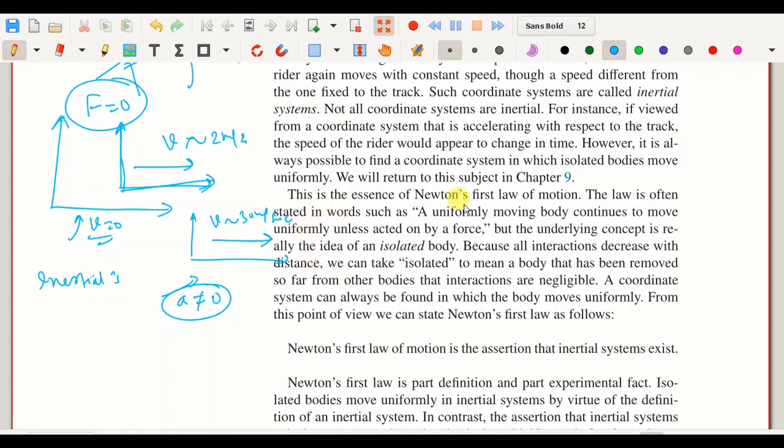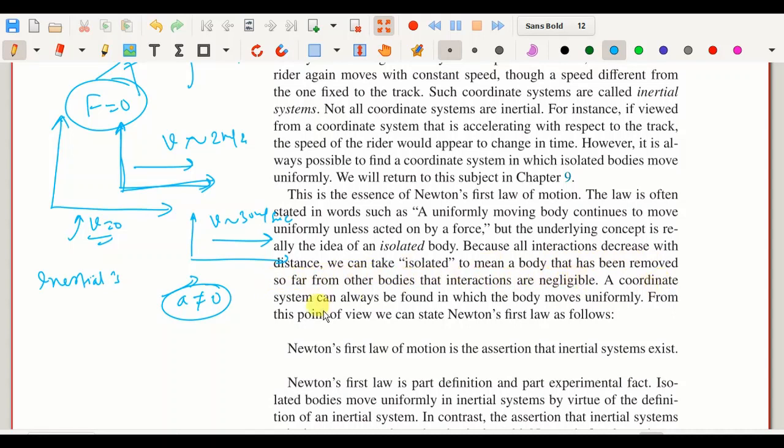So this is the essence of Newton's first law of motion. The law is often stated in words: a uniformly moving body continues to move uniformly unless acted on by a force. But the underlying concept is really the idea of an isolated body, because all interactions decrease with distance, so we take isolated to mean a body that has been removed so far from other bodies that interactions are negligible.